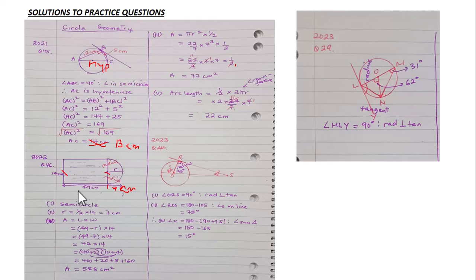So the length of the rectangle is 49 minus 7, because the length only stops here. So 49 minus 7, which is 42. So the area of the rectangle is length times width, which is 42 times 14.